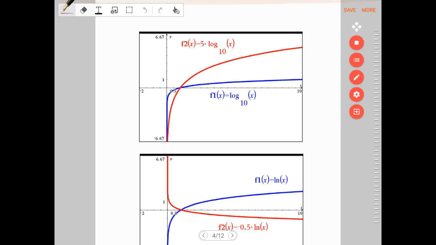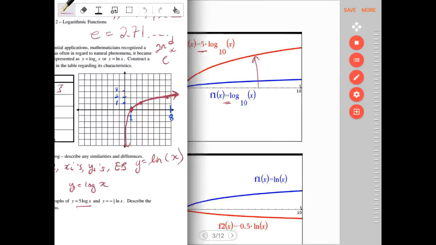Okay, as you can see, we have the blue line here, which is log base 10 of x, and then we have the red line, which is 5 log base 10 of x. So what does the 5, because that's the only thing different between these two equations, do to the graph? Well, if you'll notice, it pulls it away from the y-axis, but it also stretches it, pulls it away from the x-axis. So that would be a good thing for you to state there.